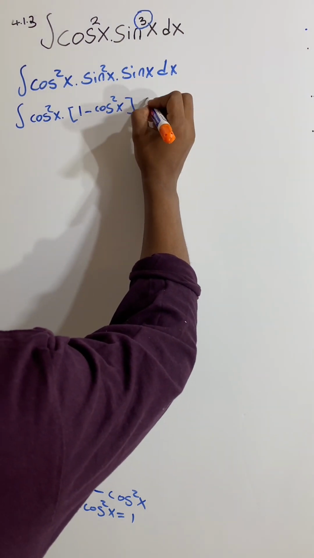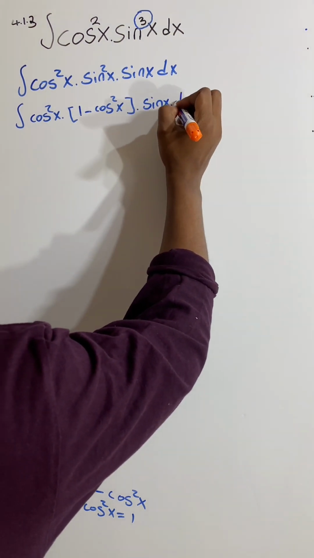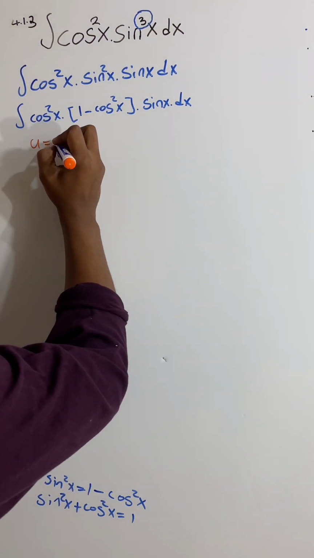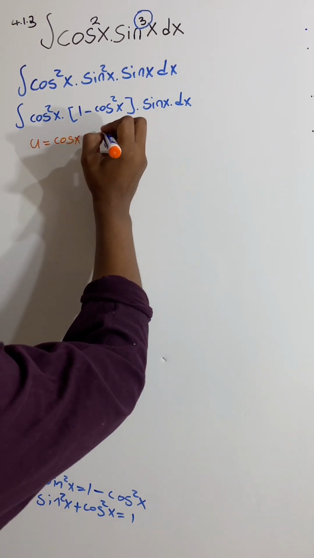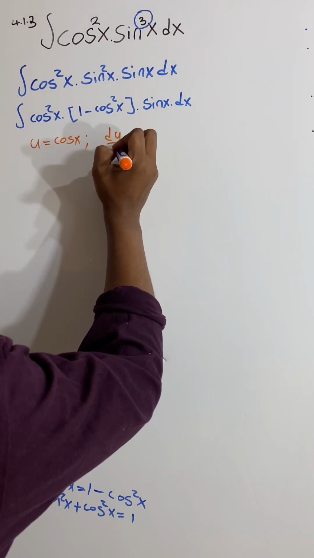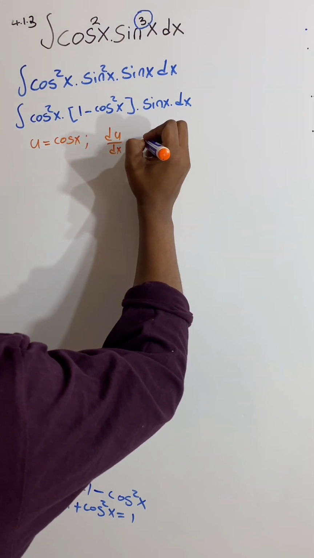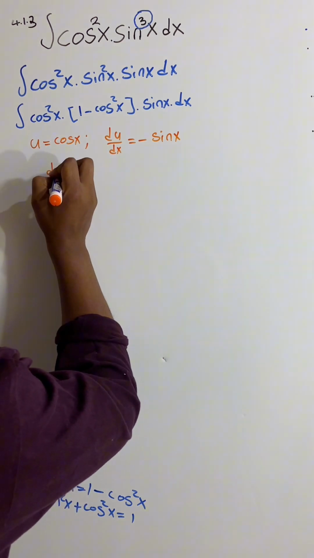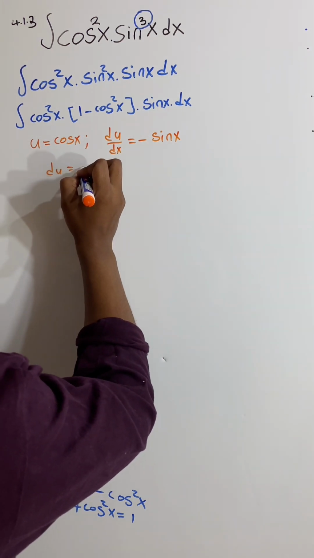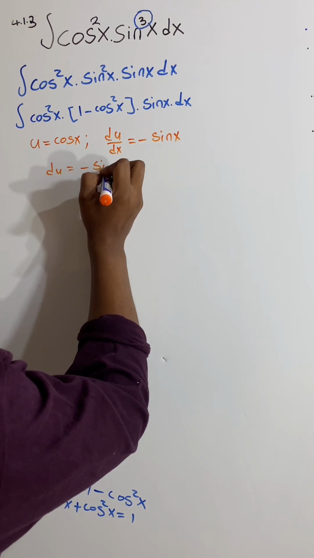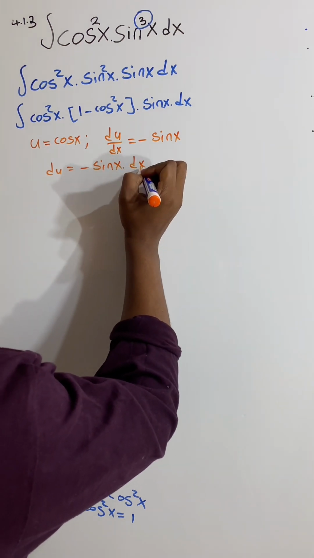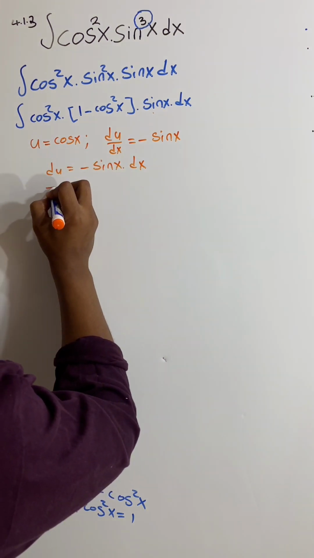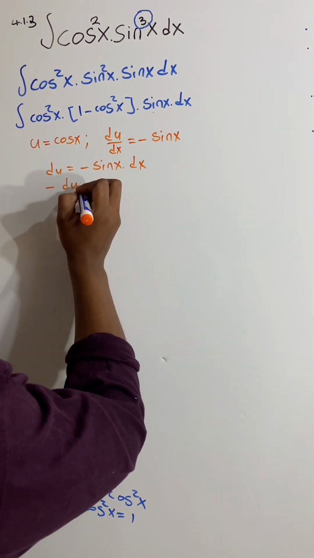And we write that sin x. And from here, we have to let u equal cos x. When you differentiate u with respect to x, differentiating cos x, we get negative sin x. We multiply both sides by dx, and du equals negative sin x dx. We have sin x dx there without the negative, so let's get rid of that negative by multiplying both sides by negative 1.